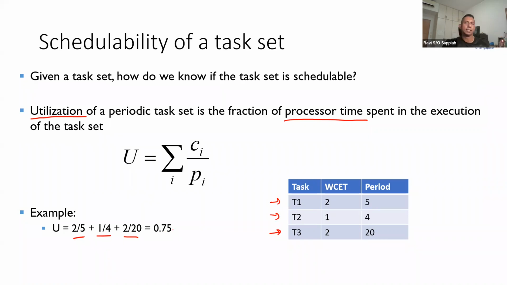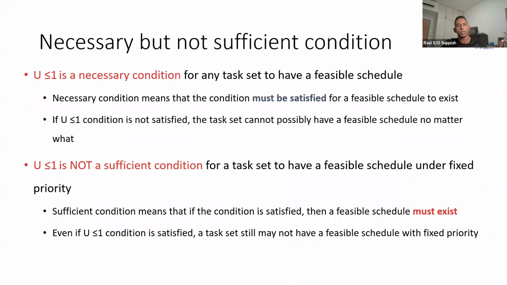So how do I interpret this value? As long as the utilization is less than or equal to 1, that is a necessary condition for any task set to have a feasible schedule. This means that you are using the processor in a way that there is enough processing power to go around for all the various tasks that you want to complete.